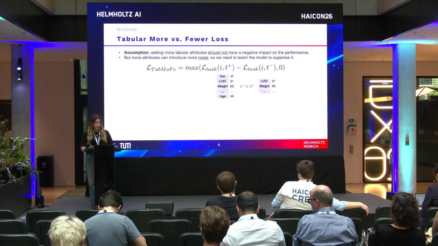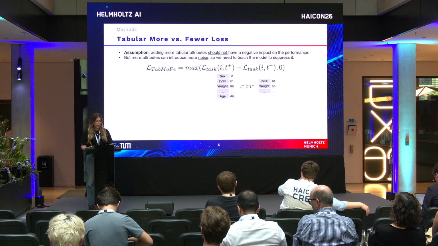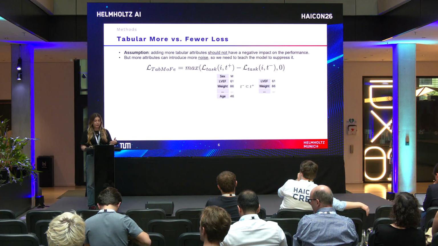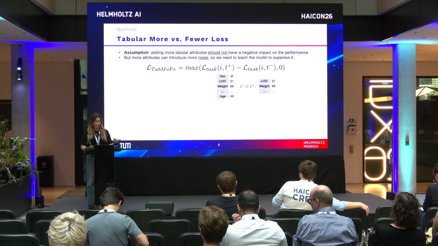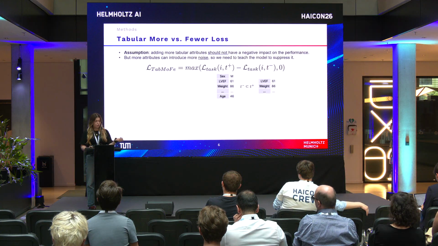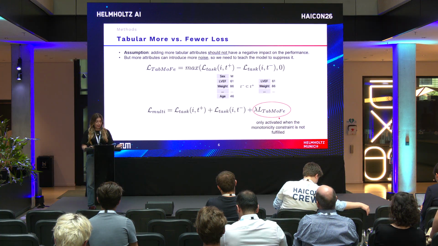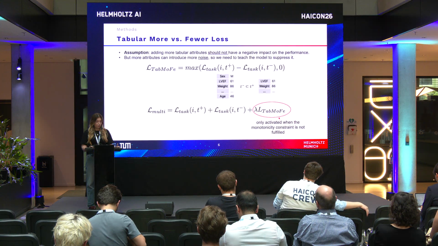And what we do here is that when the loss of the subset with more data, which should have better performance, is higher than that of the one with less data, which should have worse performance, then we have this additional loss that puts more focus on the subset with more attributes. And so what we try to do here is suppress the noisy information. And then we combine this loss with an actual multimodal loss. And then, once again, the TabMoFe loss is only activated when the monotonicity constraint is not fulfilled.